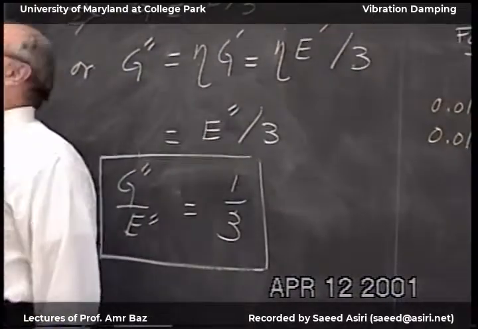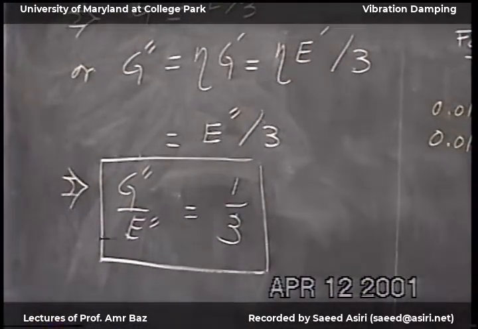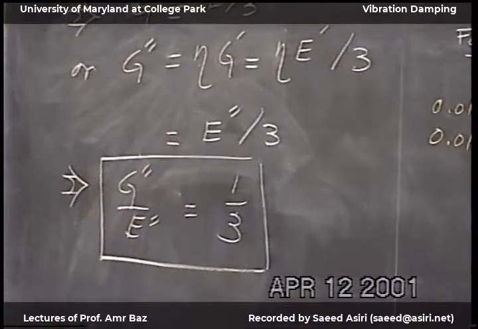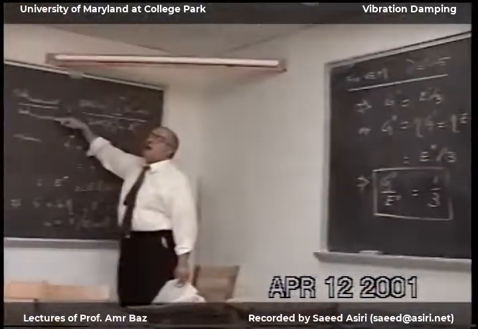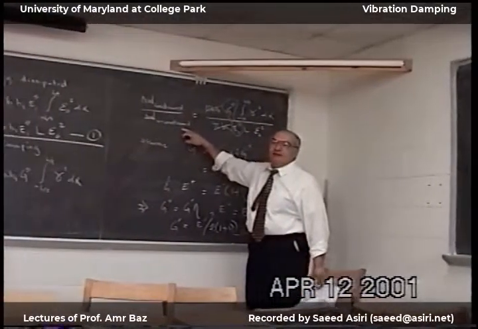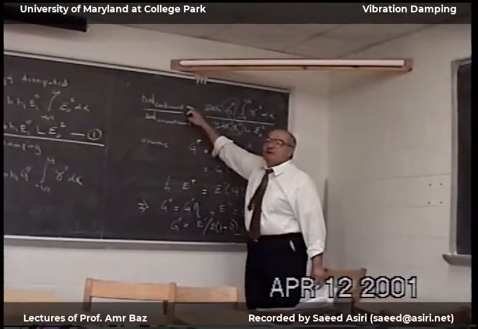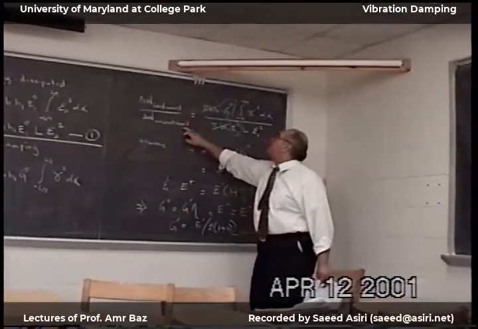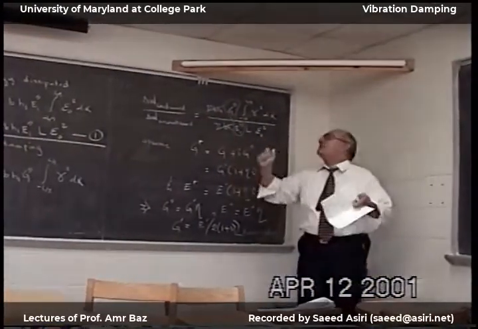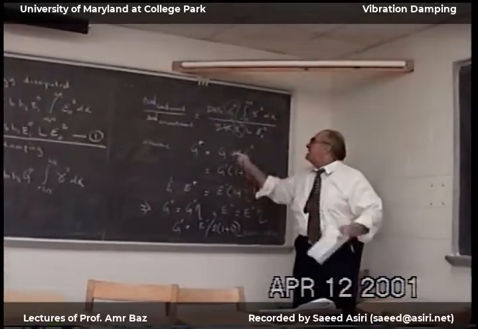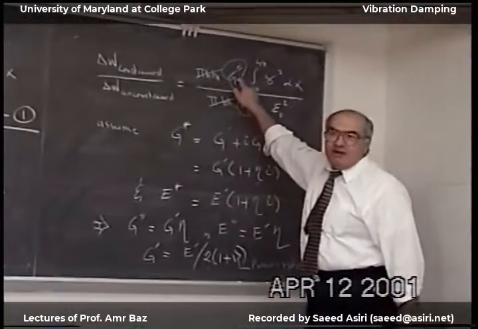So, in spite of that, we want to show that the numerator is higher than the denominator. The numerator is higher than the denominator. But if we use the material in tension, this number is 3 times higher.